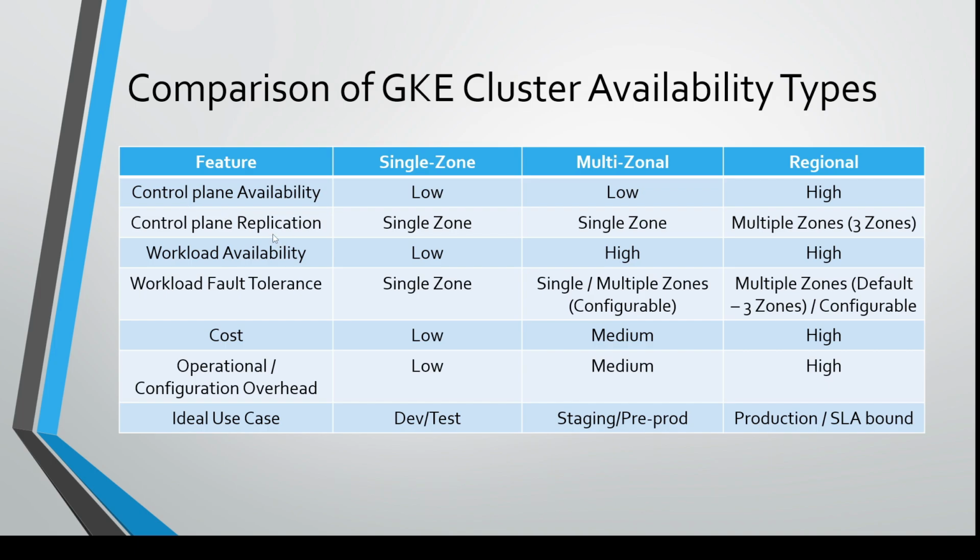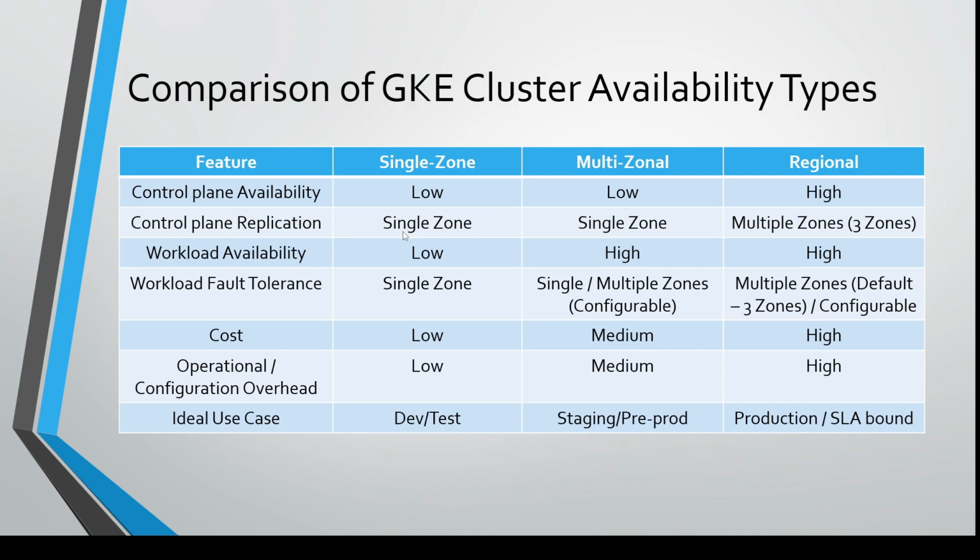So control plane availability, right? Control plane availability for a single zone cluster is low, and for a multi-zone cluster is also low, because you have only a single replica for single zone and multi-zonal clusters. But for a regional cluster, the control plane availability is high because we have three replicas spread over three availability zones to make sure the control plane is highly available, right? So moving to the next thing, control plane replication.